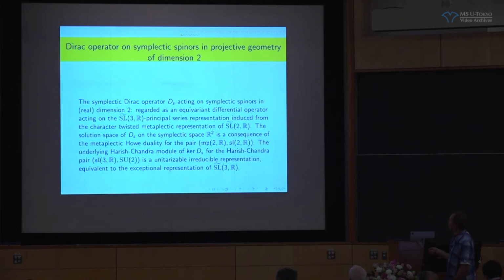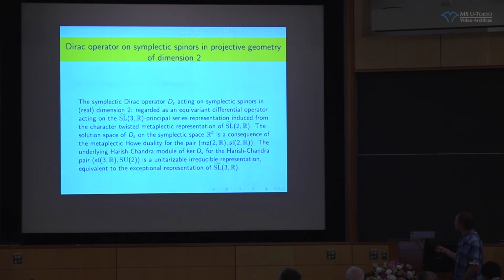So the principal series representation is induced from the metaplectic representation, the simple modules of the metaplectic or Segal-Shale-Weil representations of SL2R tilde, and it's twisted by a certain value of the central element for the parabolic, which I will describe in a moment.